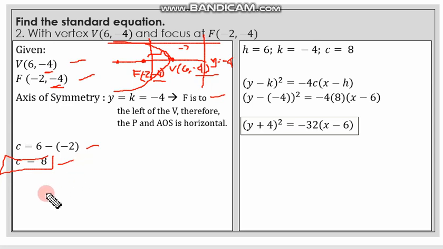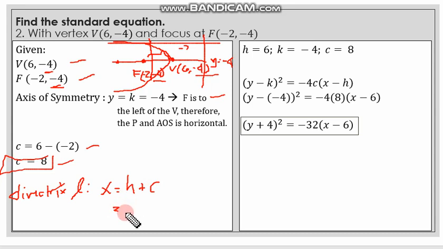So our directrix is at x equal to h plus c.